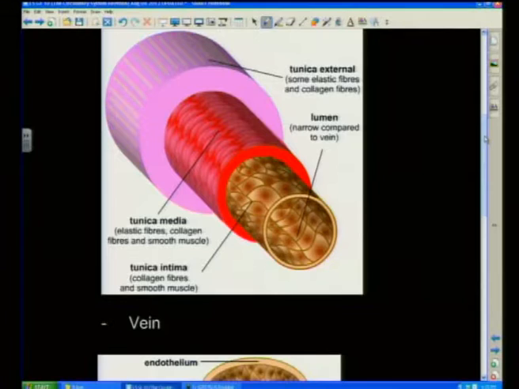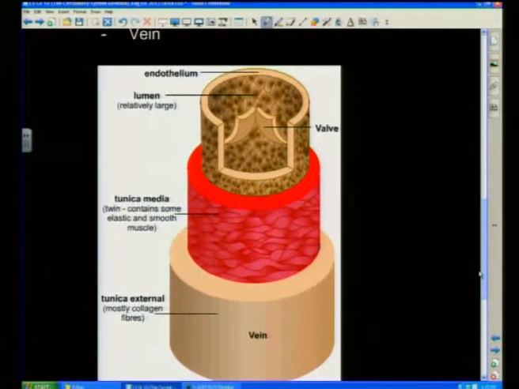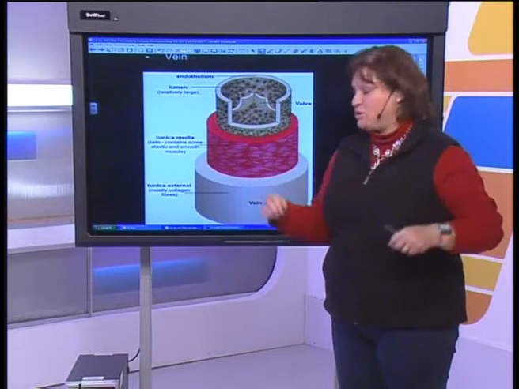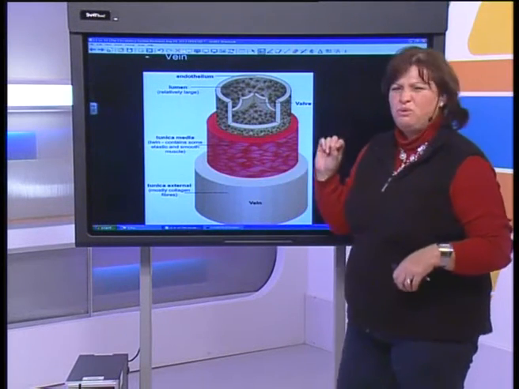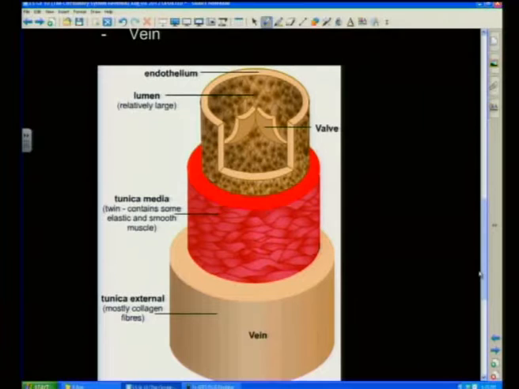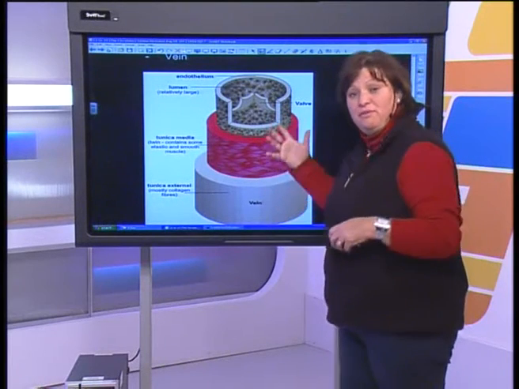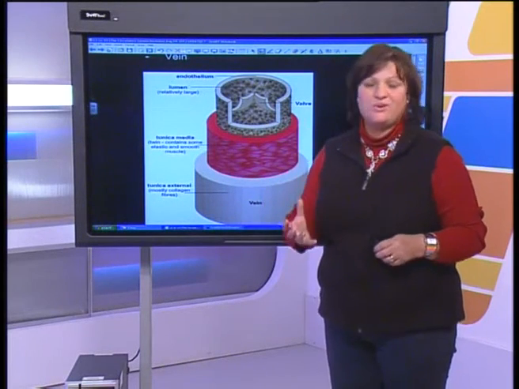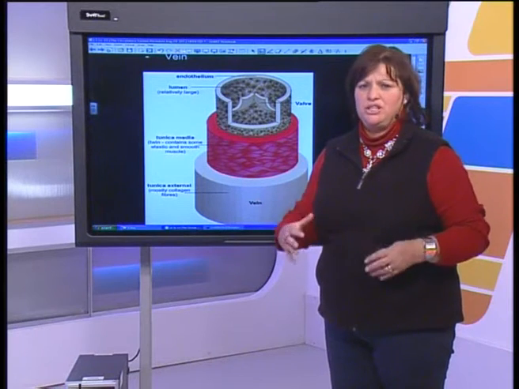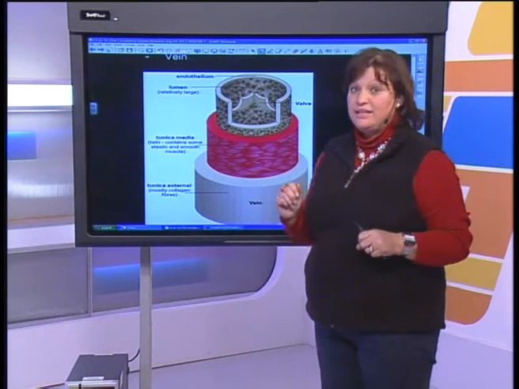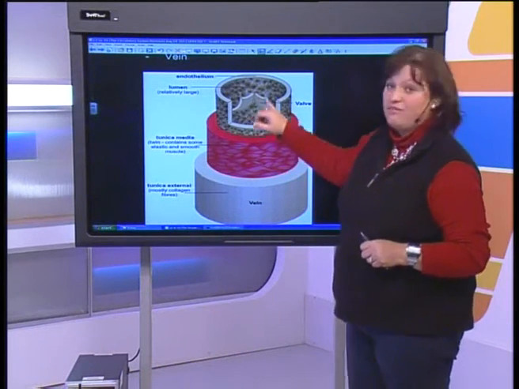If we look at our vein, we notice the lumen is much wider. If you look here, I don't know if you can see some of the words, it says contains some elastic and some muscle, so nowhere near the same degree as arteries. Remember, veins are coming back to the heart, under much lower pressure, and the key to veins is valves.